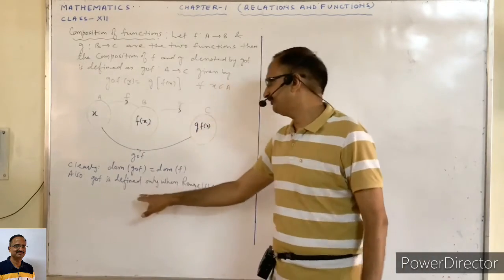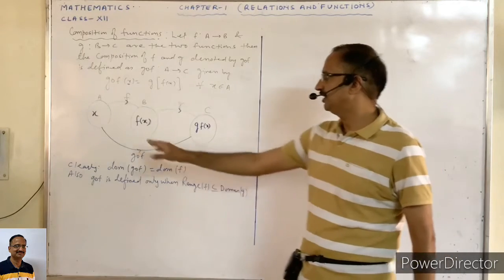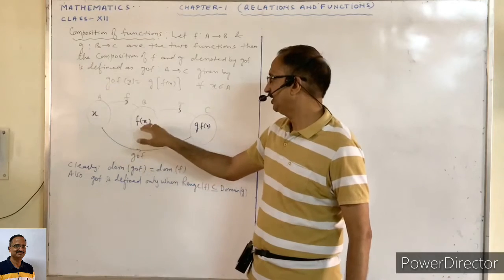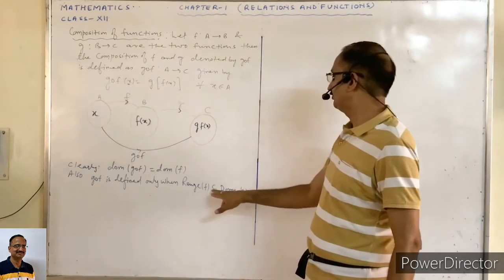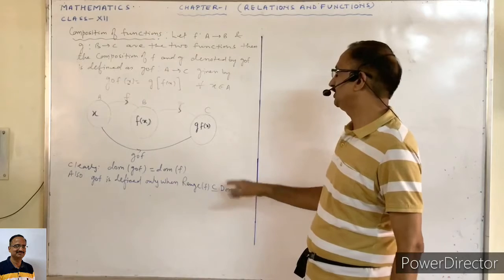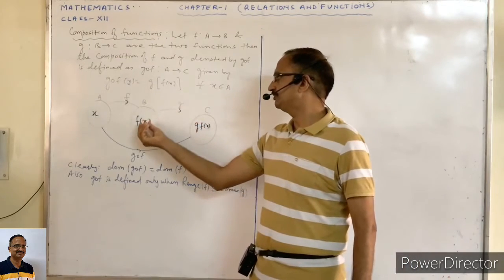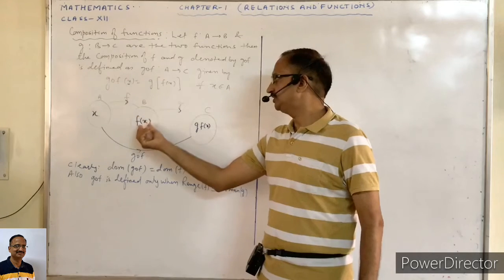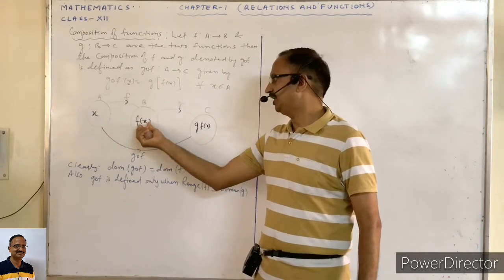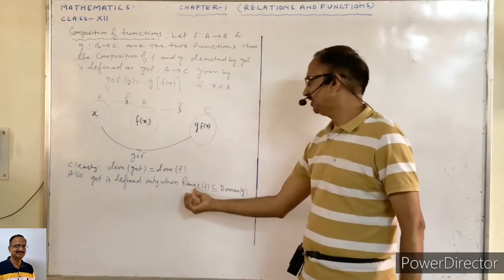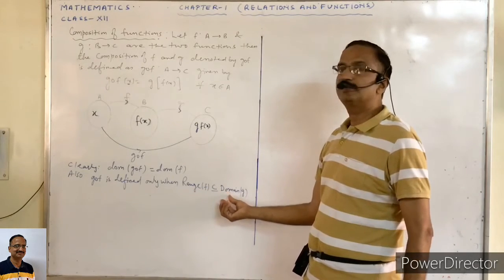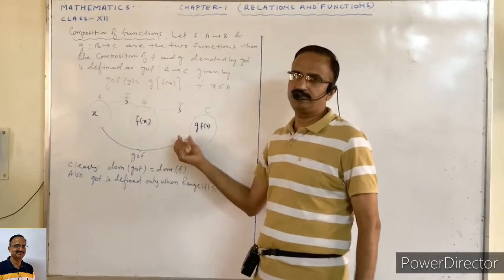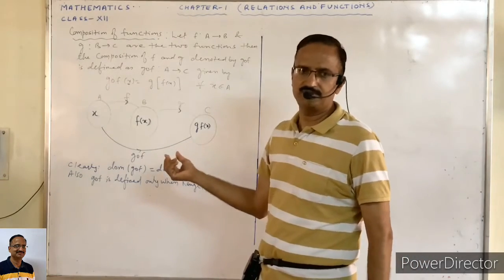So gof is defined only when the range of f, this B set, is a subset of the domain of g. This is the range of f and this is also the domain of g, but the range of f should be a subset of the domain of g. Then only gof is possible, otherwise gof is not possible.